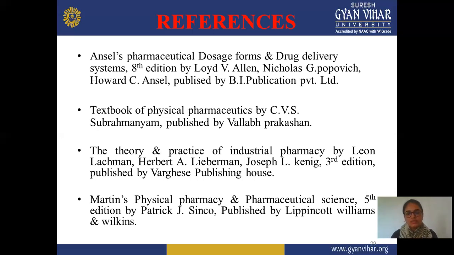Next is Martin's Physical Pharmacy and Pharmaceutical Sciences, 5th edition by Patrick J. Sinko, published by Lippincott Williams and Wilkins. So these are the references for this topic of our parenteral. All references are good. You can use any one reference or a combination for that matter.